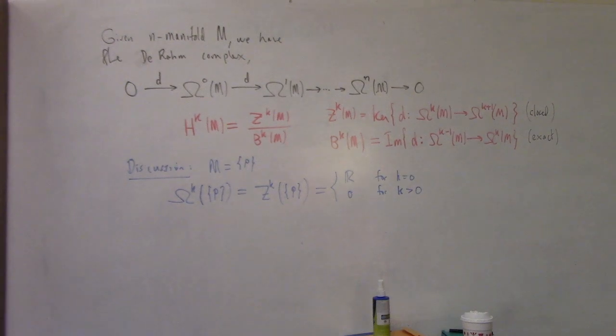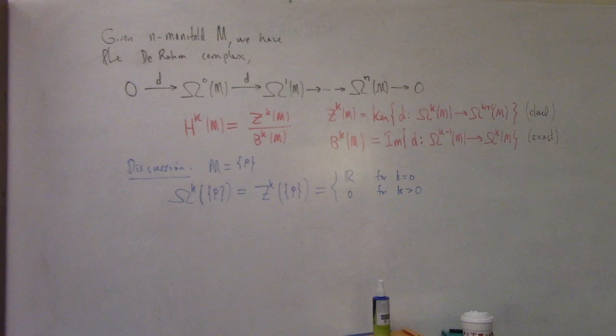Technically you have constant functions for k equal to 0, but there's an obvious correspondence between constant functions and the reals, and that correspondence we're using. And obviously, you can't do anything but a constant function from a single point space. You can't define a one form on a single point space, not as I understand one forms anyway.